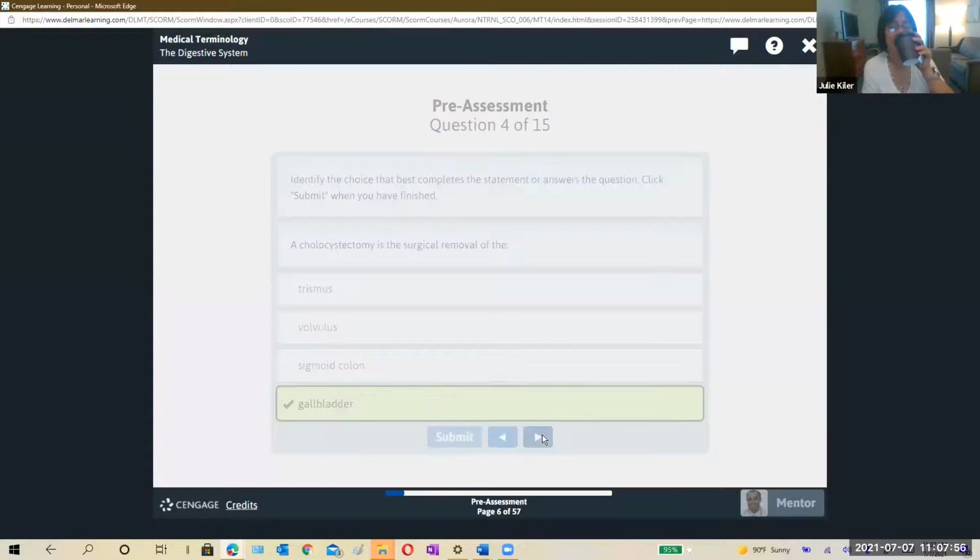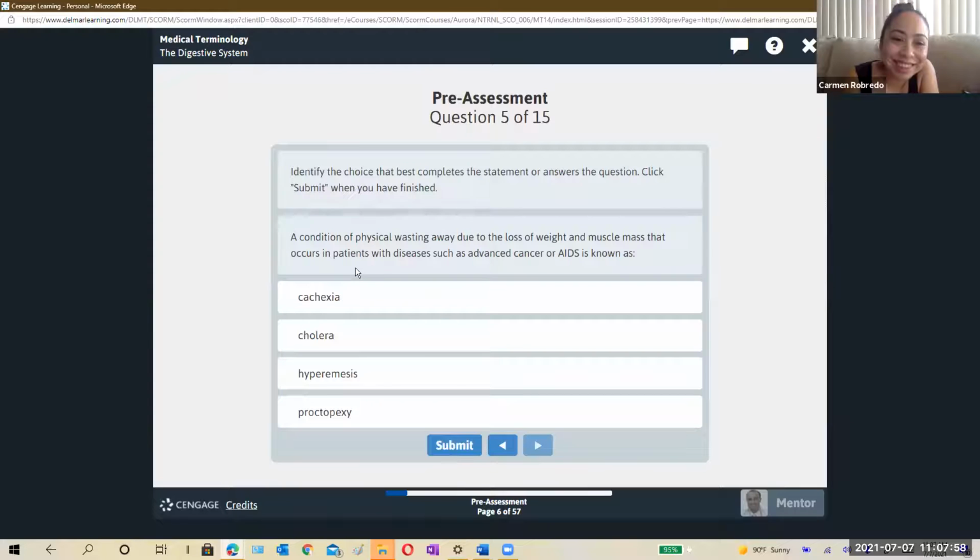Oh, I have to be quiet. A condition of physical wasting away due to the loss of weight and muscle mass that occurs in patients with diseases such as advanced cancer or AIDS is known as cachexia, cholera, hyperemesis, or proctopexy.